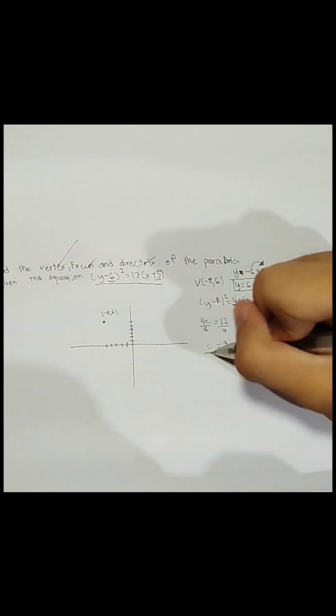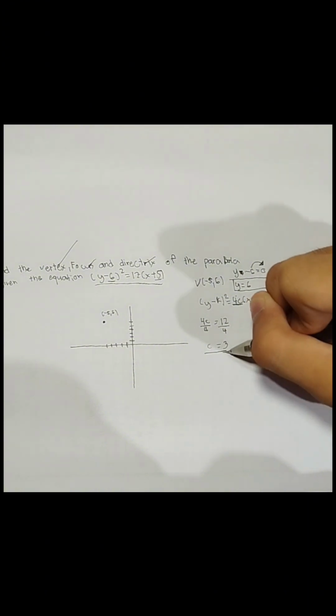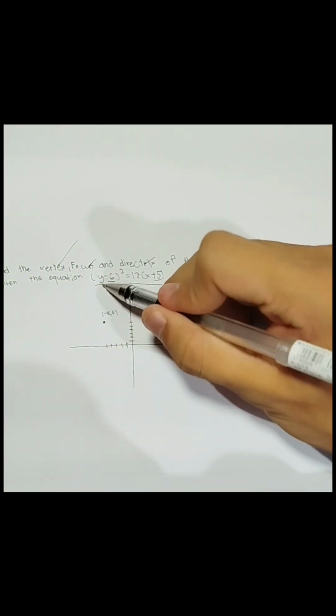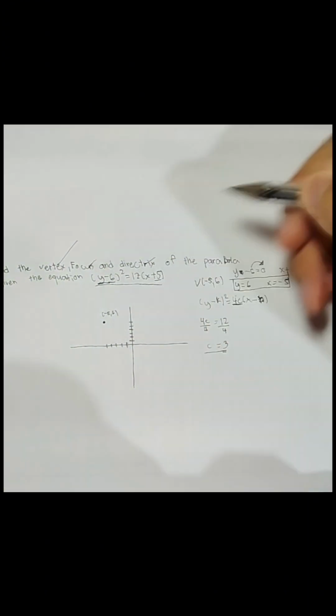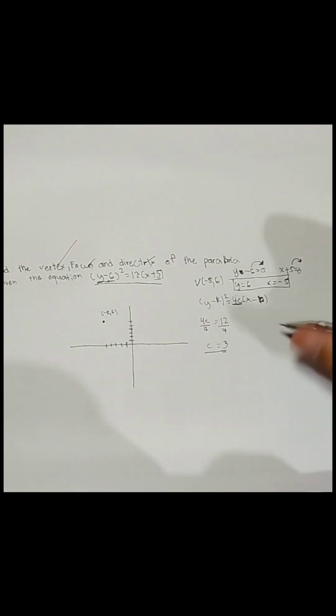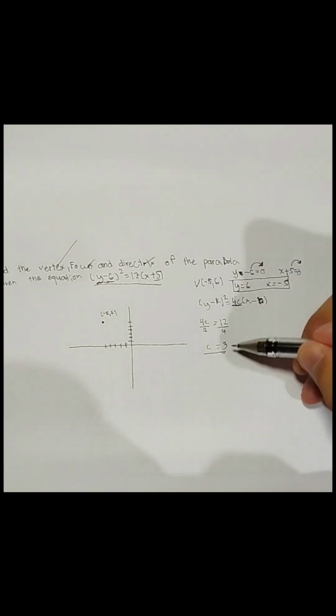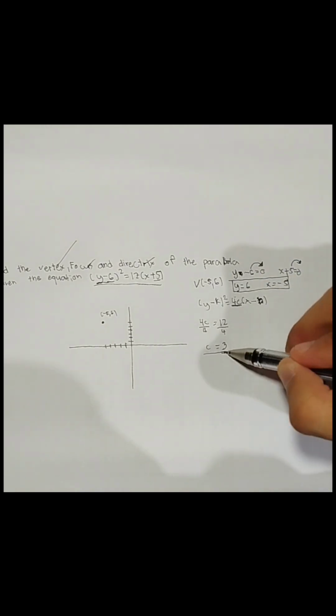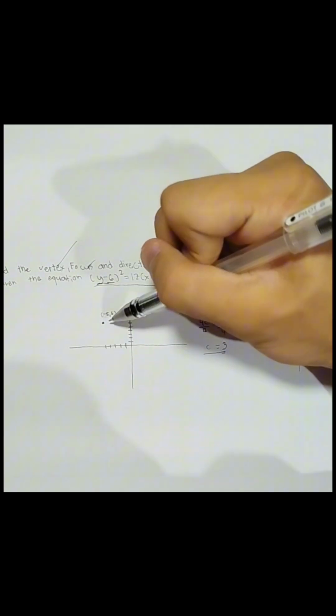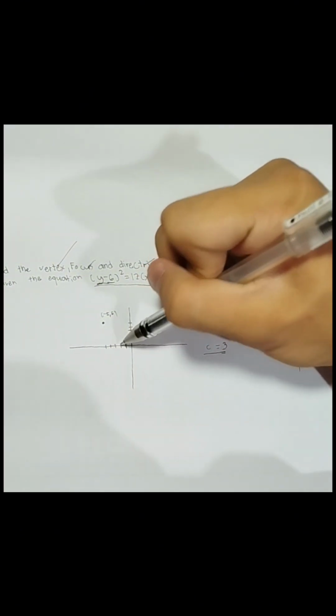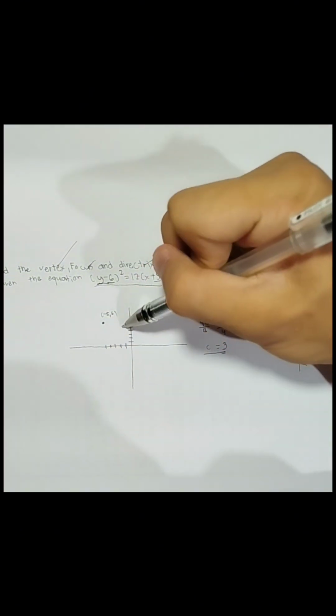So c is 3. And remember that we are at a y, meaning our parabola should be, and our c is positive, should be like this. The parabolic arc should be like this. Knowing that, we will use the c to find our focus first. We just have to count 1, 2, 3. So right about here.